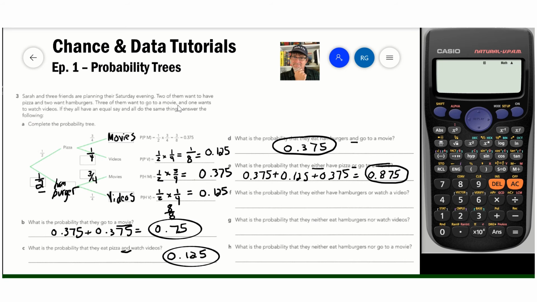Okay, F, what is the probability that they either have hamburgers or watch a video? So this is going to be another one where we add up 3 out of the 4 probabilities. I'm going to add up the 2 hamburger ones, so that's 0.375 and 0.125. Or watch a video.